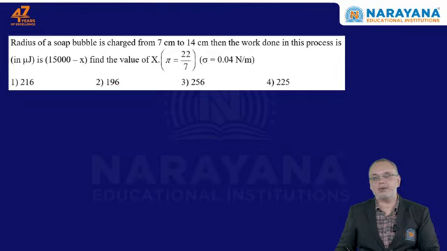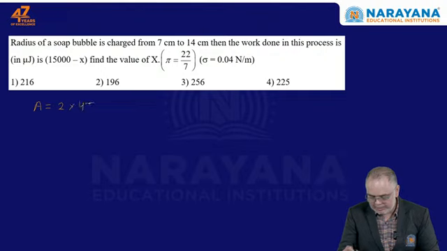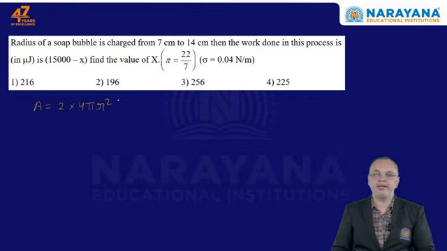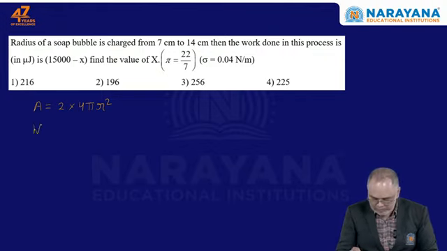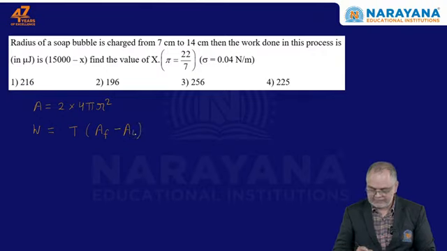The surface area of the soap bubble we can write as 4 pi r square into 2, because we have two surfaces. So area I can write as 2 into 4 pi r square. So here the work done in this process we can write as surface tension into change in surface area. So we can write W is equal to T into A final minus A initial.